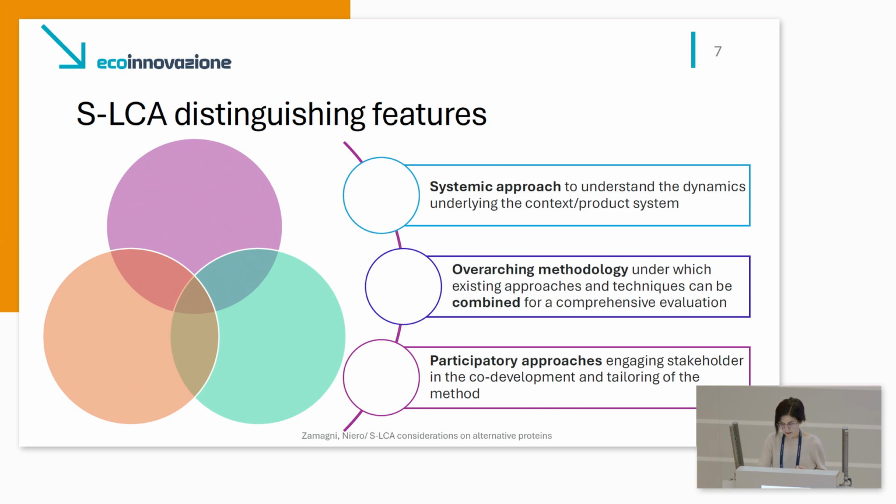And so stakeholders are engaged in different steps of the life cycle assessment methodology for defining what matters, but also for understanding how the system evolves. So there's a strong focus on co-development of approaches when talking about social life cycle assessment, which is something you don't find, for example, in LCA. There's no such need.